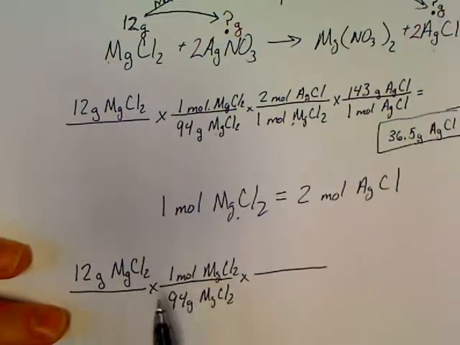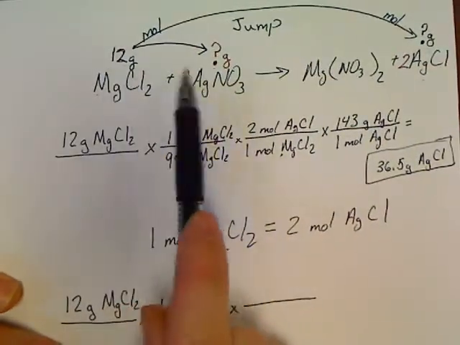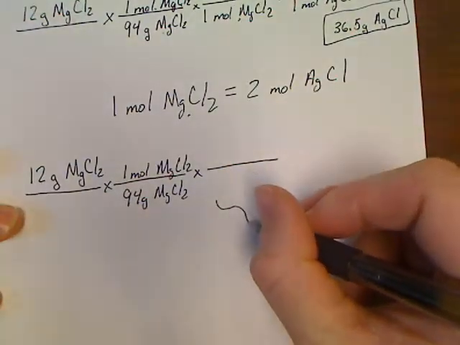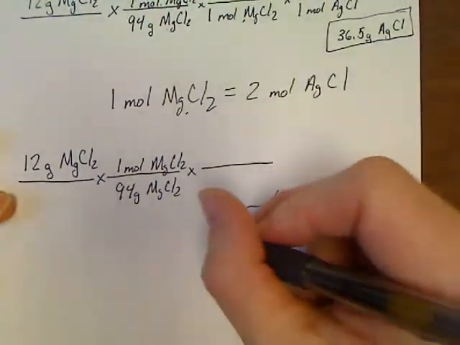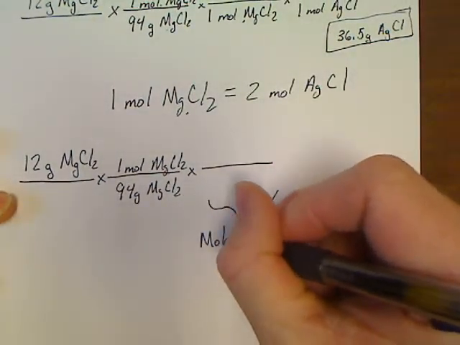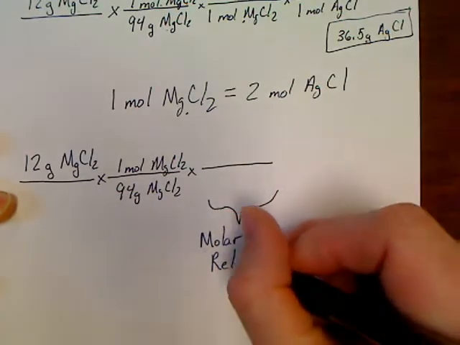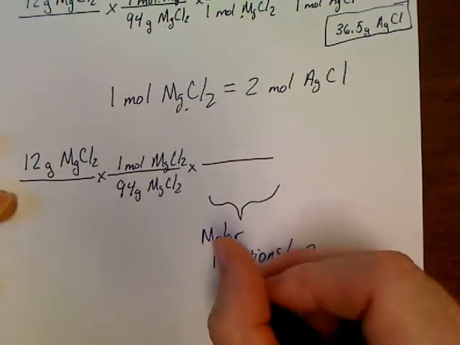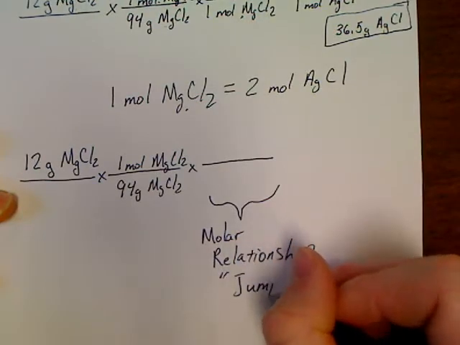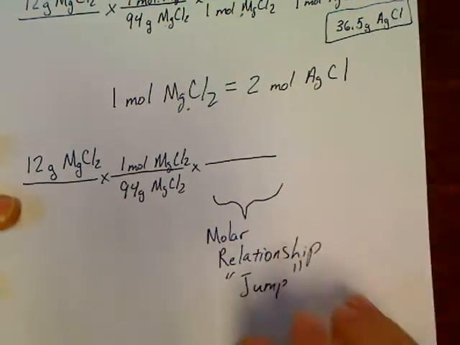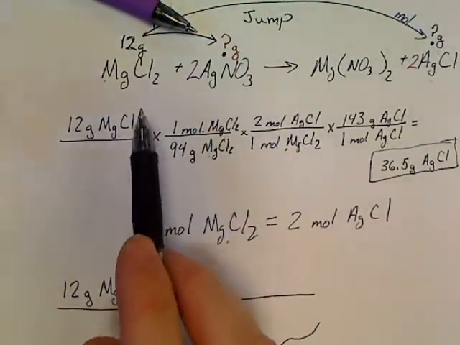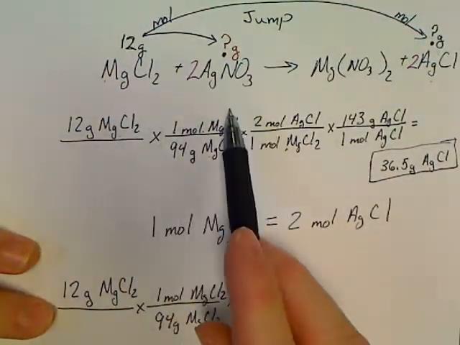Now, what is my molar relationship? This jump has a formal science name. This little step I call the jump. In the real world, we call that the molar relationship. But doesn't jump sound so much more fun? Alright, so what is my molar relationship between MgCl2 and AgNO3?